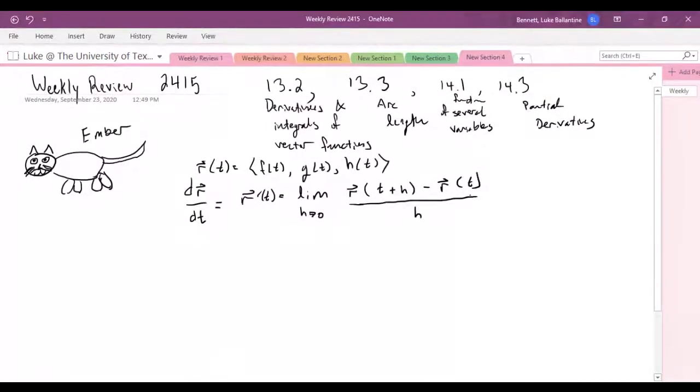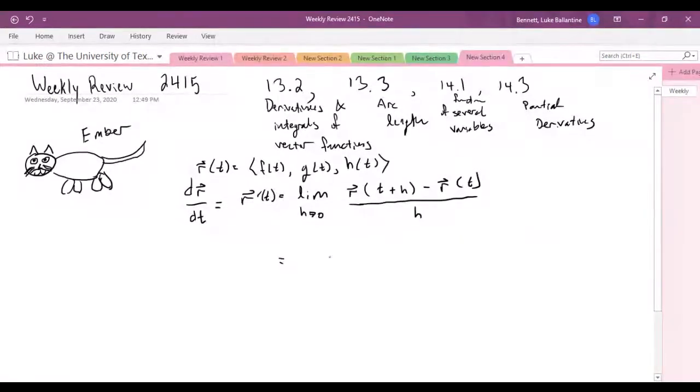So this is actually, I think, on your paper homework, to calculate the secant line versus the tangent line of a vector valued function. So just know that the definition from calculus 1, the limit of the difference quotient of the derivative, applies to vector valued functions as well.